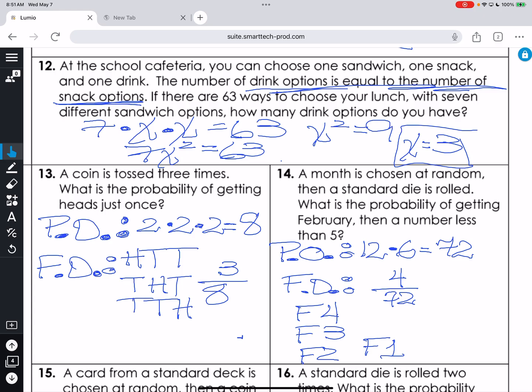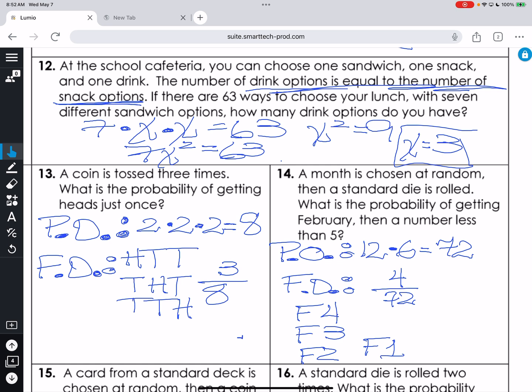Y'all stop me now. Does the 72 make sense? I know we're only choosing a month one time, but do you see we have to take into account the second event and how that plays into our one event? So it could have been a 1 or a 2 or a 3 or a 4.